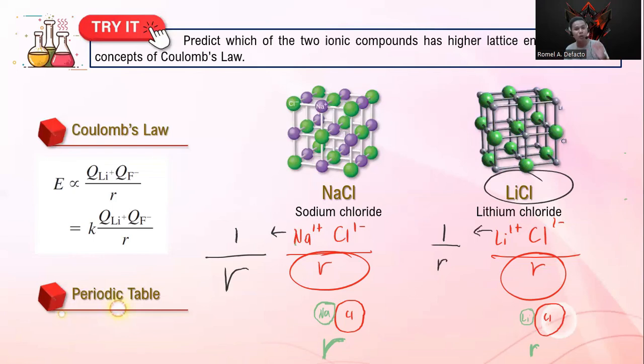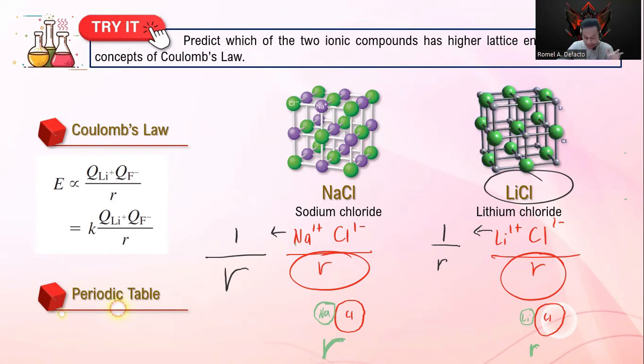So in this case, we predict that the lithium chloride will have higher lattice energy compared to the sodium chloride. Again, we are using the concept of Coulomb's law, no? But the problem here is, we cannot determine the exact value because we're simply predicting. So the answer there is lithium chloride.